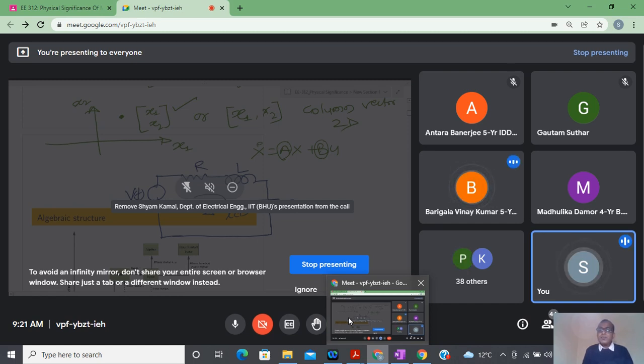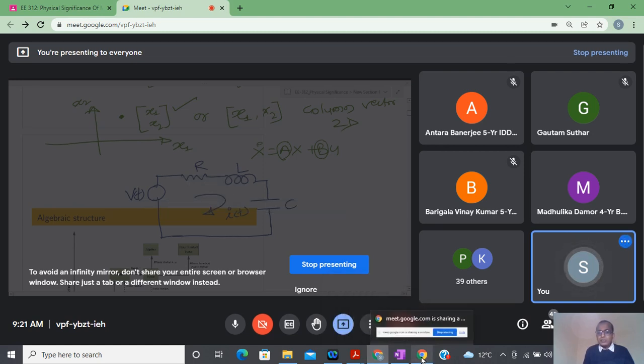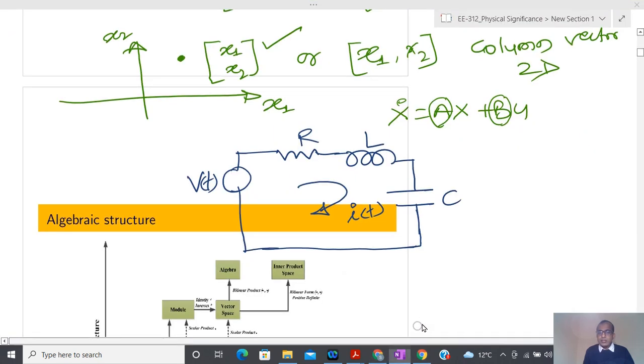In this way we are able to identify the state space variables. Binay, are you trying to ask something? Do you have any confusion, Binay? Okay. So now you can see that I have two memory variables, so I have a second order system.